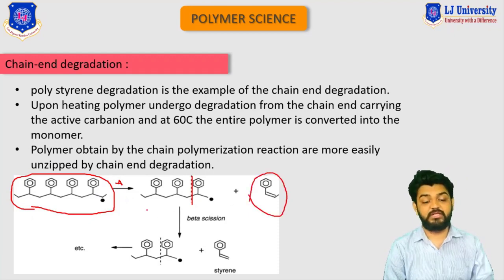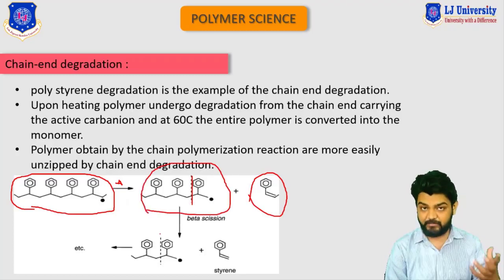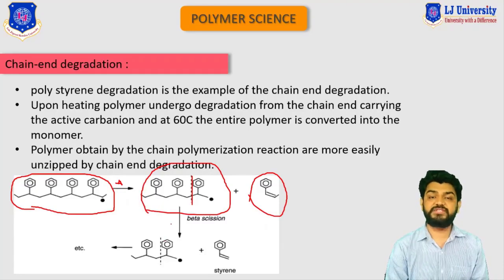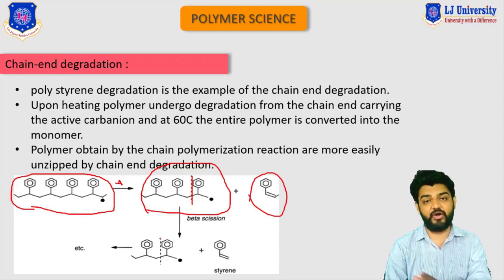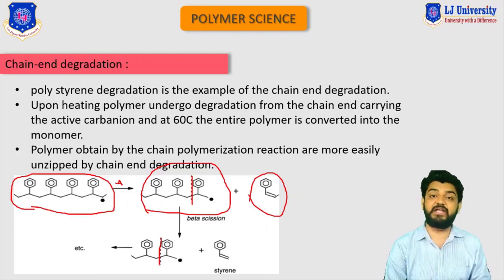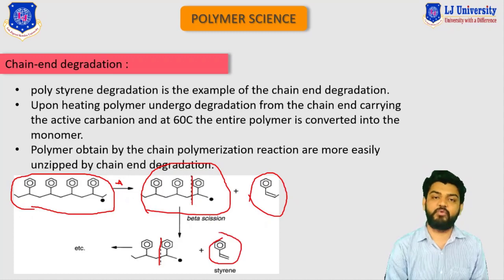Now if this polymer further undergoes the degradation process, where I continue to apply heat, its temperature will rise. And again this degradation process will take place at the end of the chain. And now you can see here that this monomer at the end of the chain will degrade, and we will have one more styrene monomer.